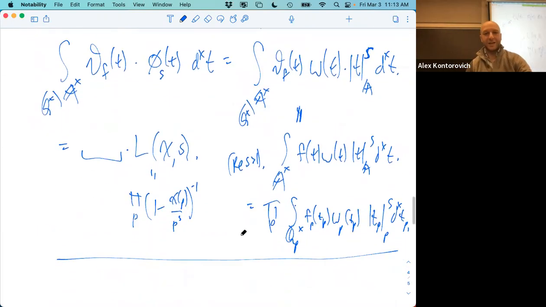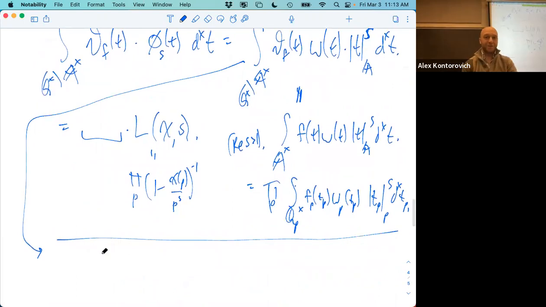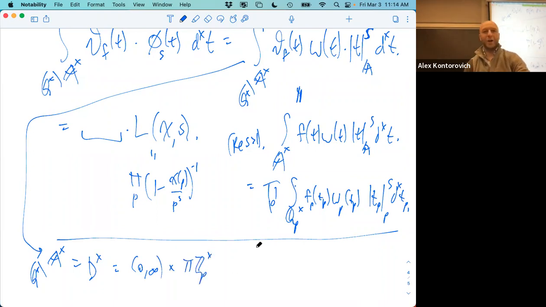Okay, so let's take this integral and do the same thing we did last time. By the way, for this quotient, we have a nice multiplicative fundamental domain for this action, which is 0 to infinity cross Zp crosses. And now let's break the integral.